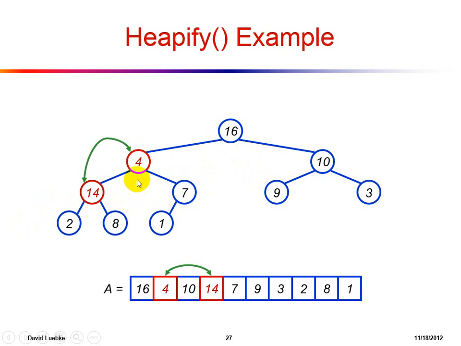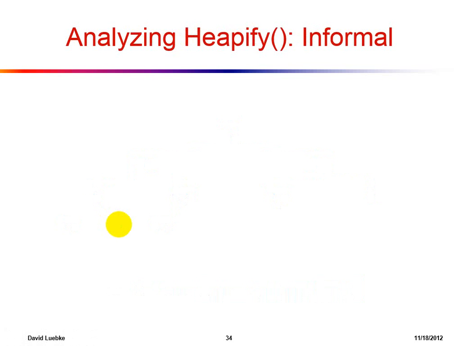So you want to swap 4 with the biggest of 7 or 14, to make sure that once you swap it, the top element is the largest. Then you run heapify again on 4 and the subtree where it is now present. In this case, you have to swap it again. Now you see it is at its right place, so to speak.